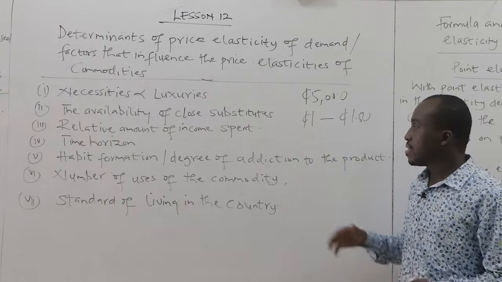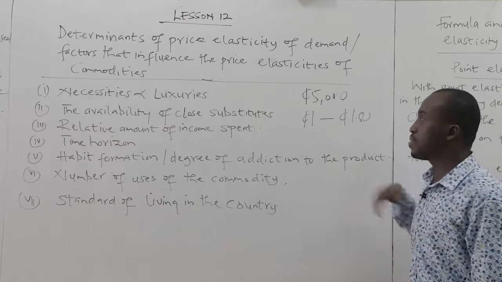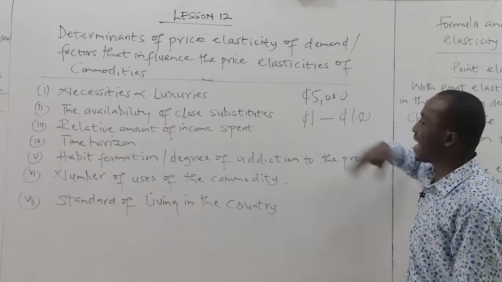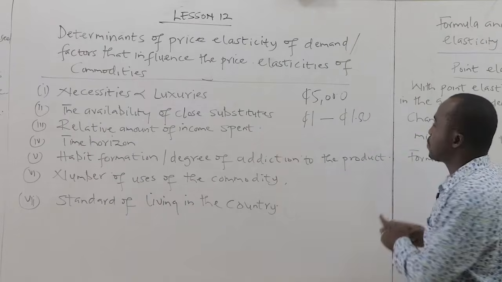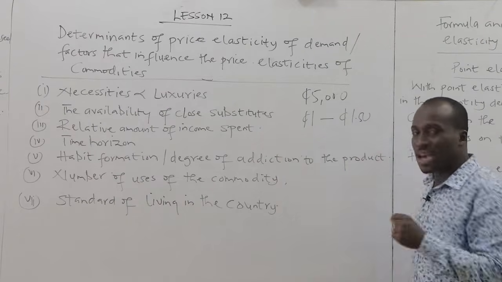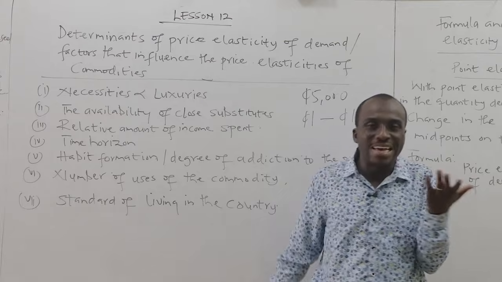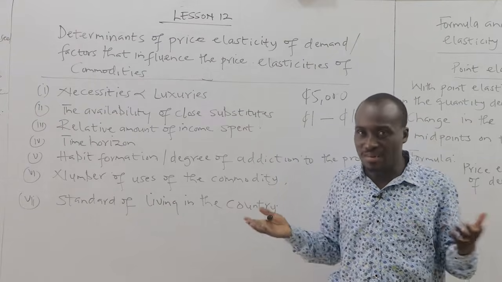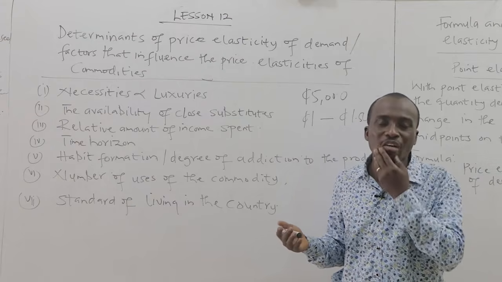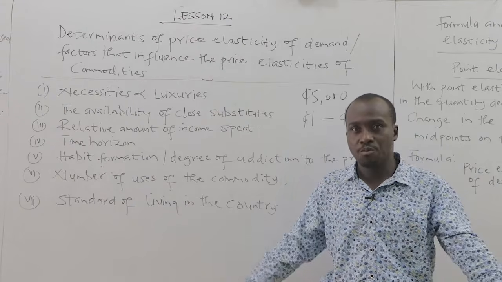You see that the price has increased from 1 cedi to 1 cedi 50 pesewas. But the person earns so much money, the salary is so large, that these 50 pesewas constitute a small chunk of his income. What is 50 pesewas to somebody who earns 5,000? It's negligible. So he will not even notice that the price has gone up.